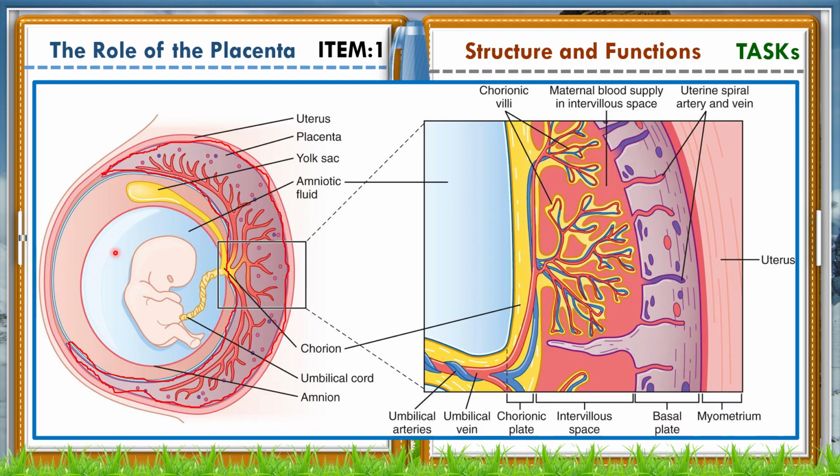Now, when you come back this side, here we have our fetus, and the fetus is going to be connected to the mother via the placenta. The placenta connects to the fetus via the umbilical cord. This is the umbilical cord connecting to the fetus, and it comes and connects to the placenta. And then we have here other spaces, those different sections of the placenta, which we are going to learn.